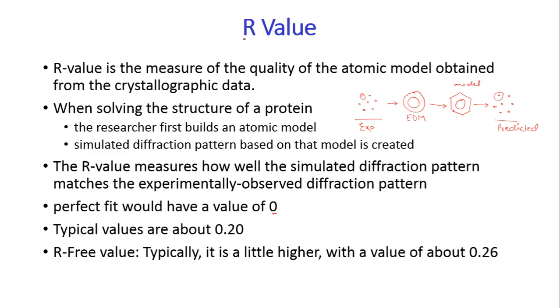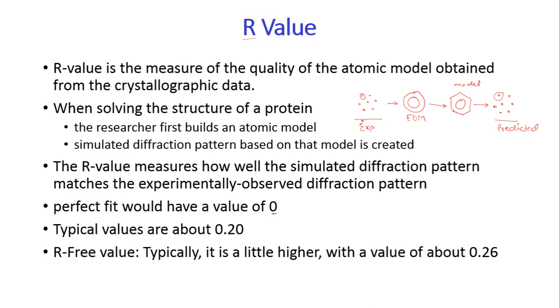If we say that the R value for a given protein model is 0, that would mean that after obtaining the simulated diffraction pattern, the position of each and every spot was found to be at the exact same position as in your experimental diffraction pattern.